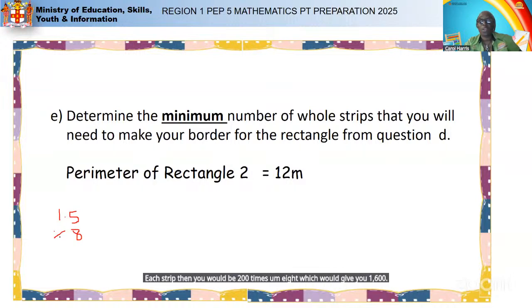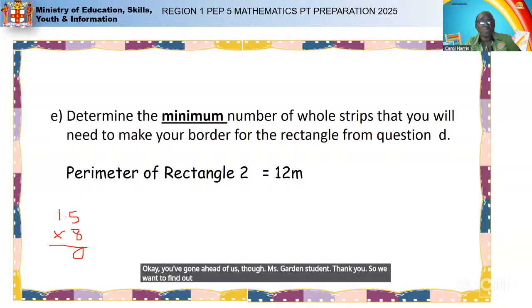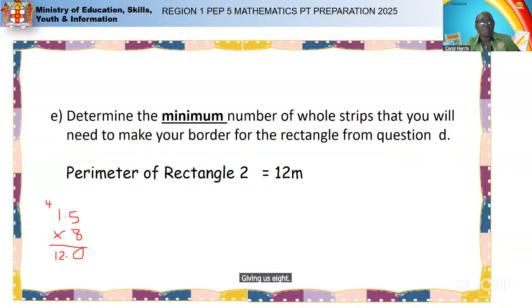Okay, you've gone ahead of us though, Miss Gordon. Thank you. So we want to find out the minimum number of strips for the 12 meters, and as you rightly said, it would be 12 divided by 1.5, giving us 8. And I like how you said you could check your answer. That's a good strategy to use.